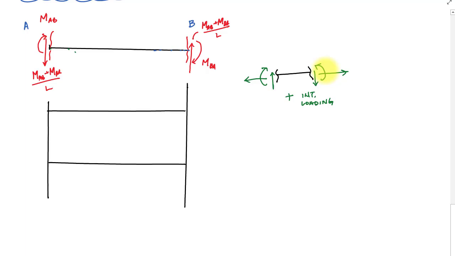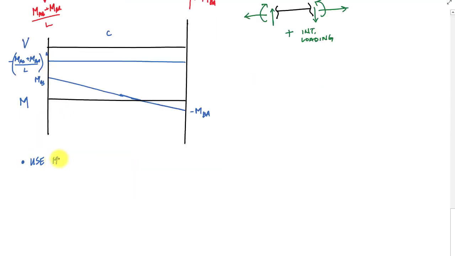That was our positive internal loading sign convention when we draw shear and moment diagrams, and that has not changed. And so here, our shear diagram goes constant like this. So I have 0 load, it's constant. My shear diagram there, and my moment diagram would start with positive MAB and negative MBA.